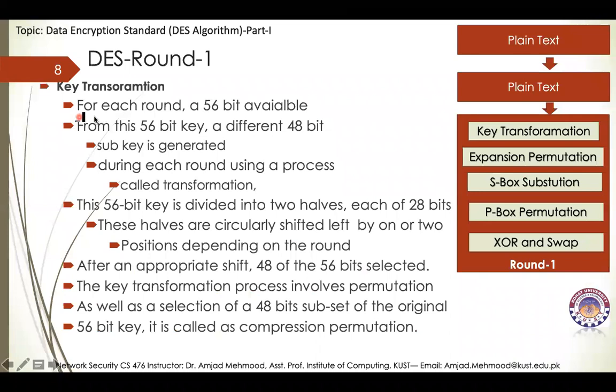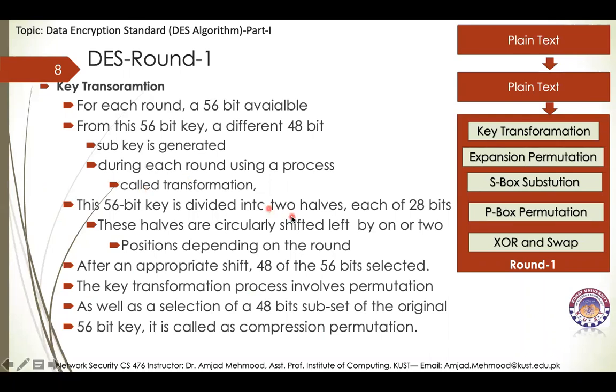Here you can see that in round 1, key transformation is performed. For each round, a 56-bit key is available. I think you know this, as I explained it in the general structure. From the 56-bit key, a different 48-bit sub-key is generated. This is already explained in my previous slide. During each round, this is done using a process called transformation.